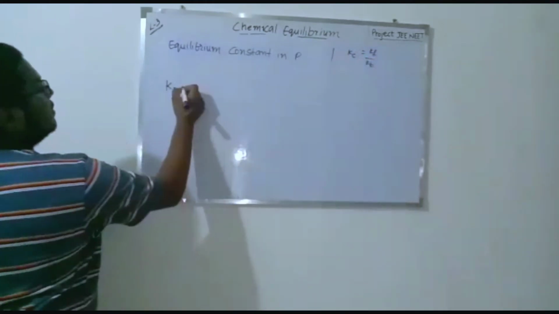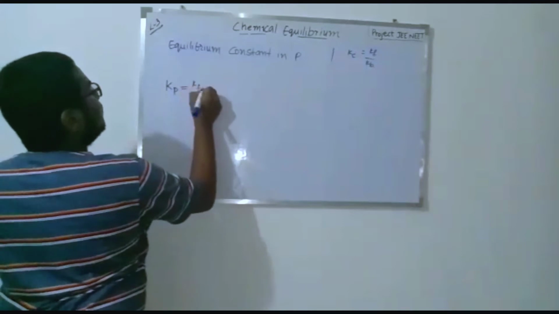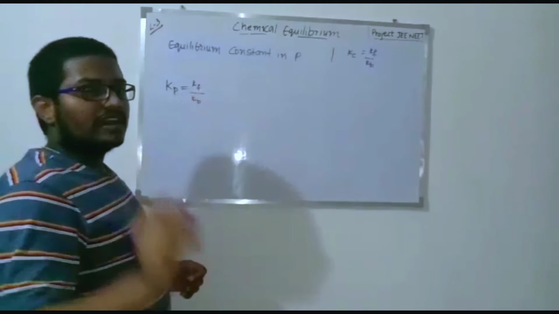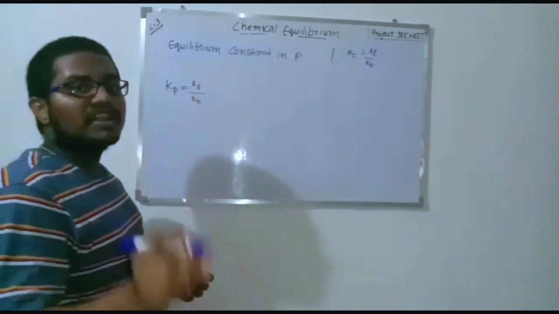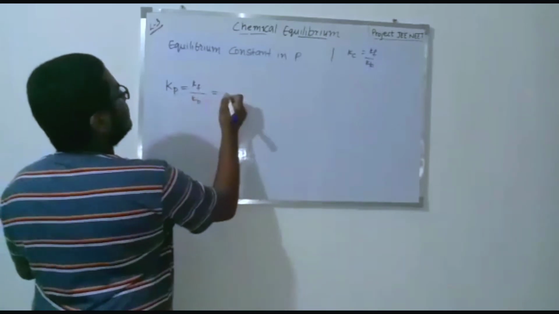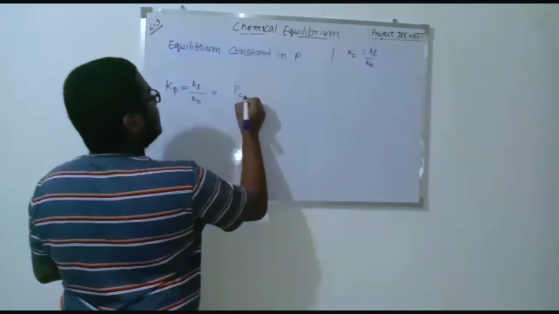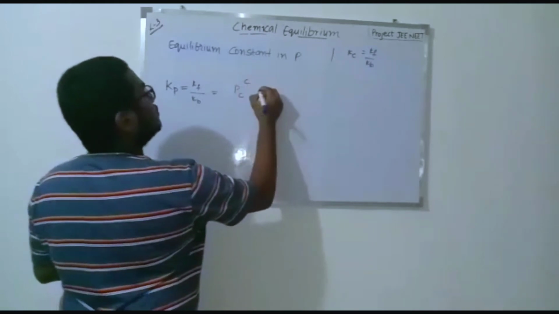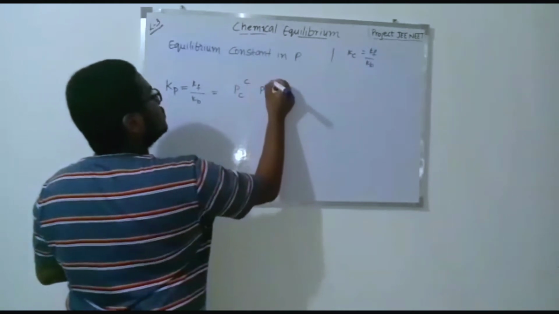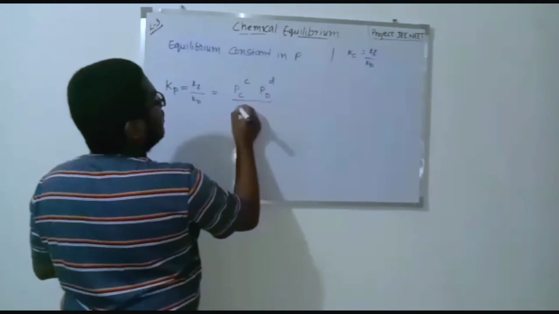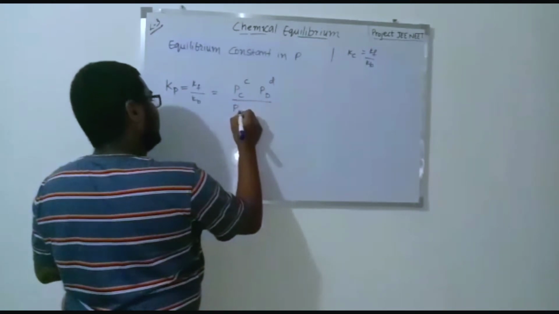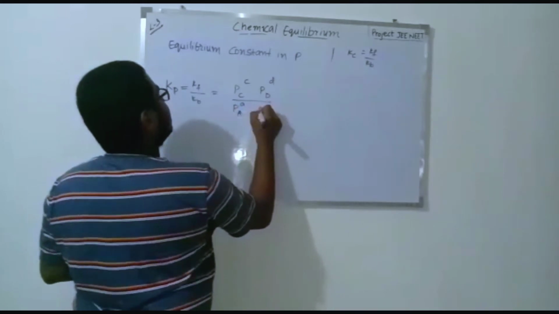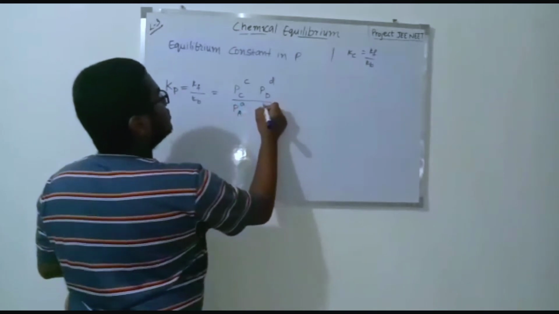Here also, Kp is equal to Kf by Kb, where Kf is the forward reaction rate constant and Kb is the backward reaction rate constant, which is expressed as the partial pressure of C raised to its coefficient into the partial pressure of D raised to its coefficient, divided by the partial pressure of A raised to its coefficient into the partial pressure of B raised to its coefficient.